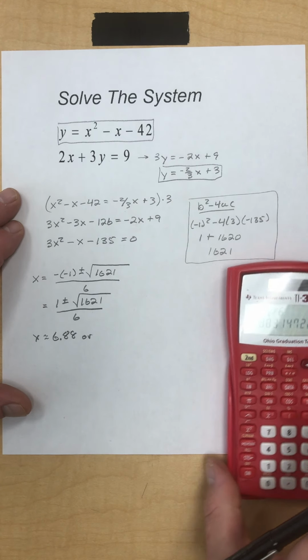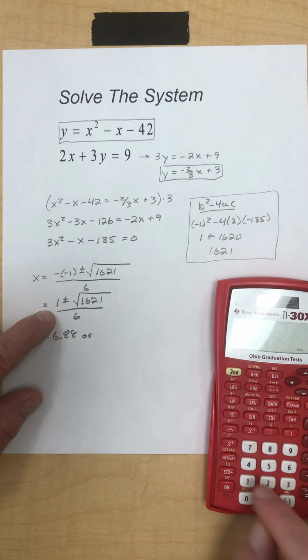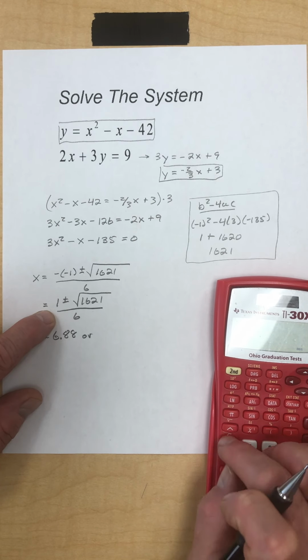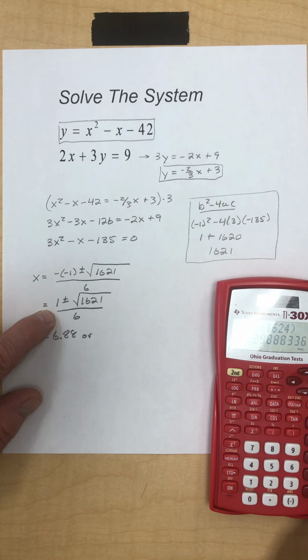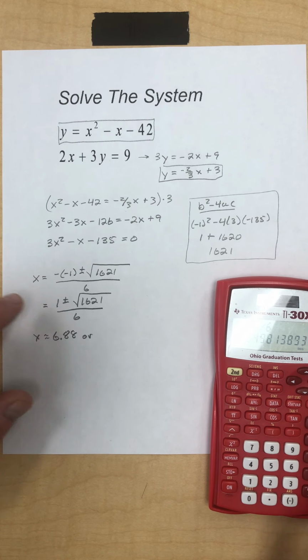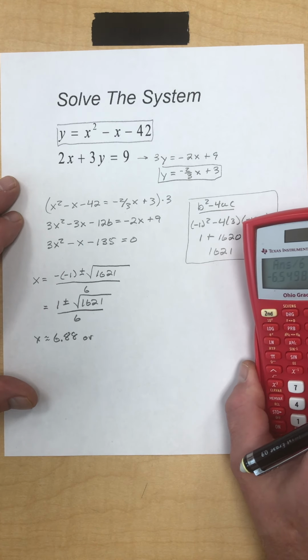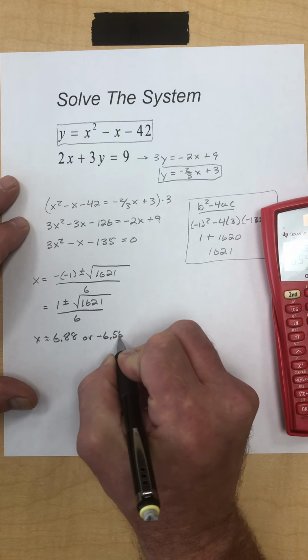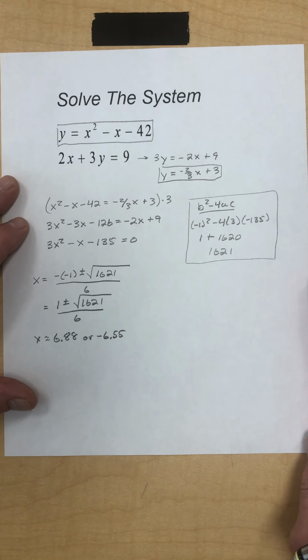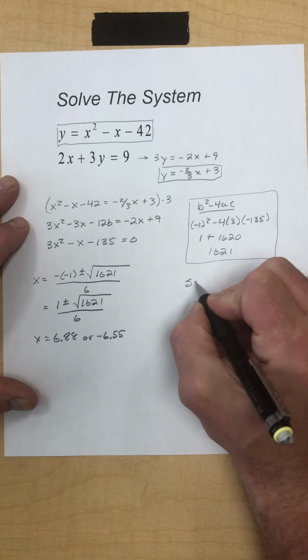And then I'll do the minus: 1 minus square root of 1621, hit enter, and then divide by 6. I get negative 6.55. So those are the x-coordinates of my two solutions.